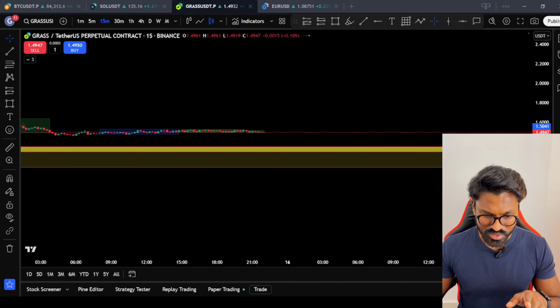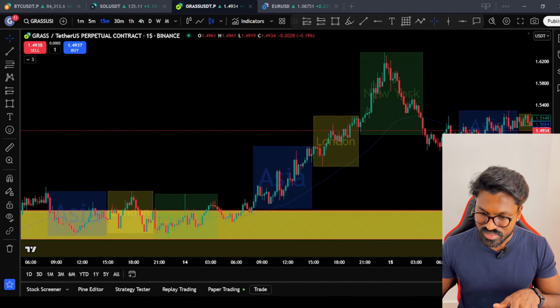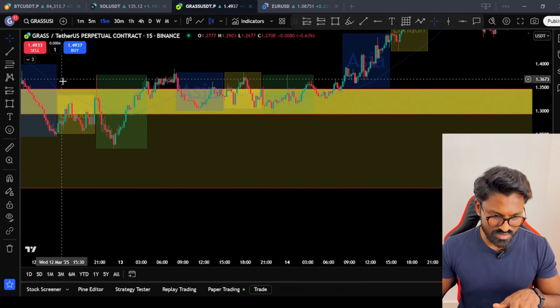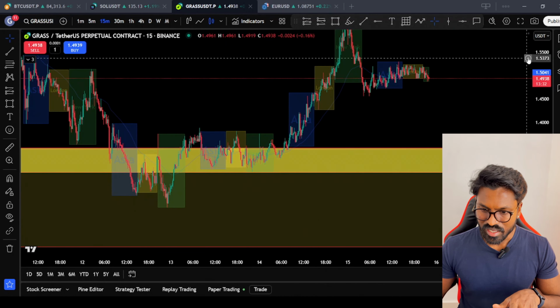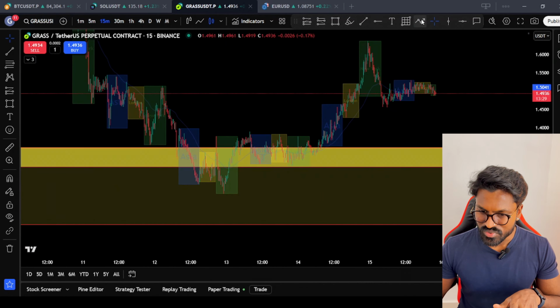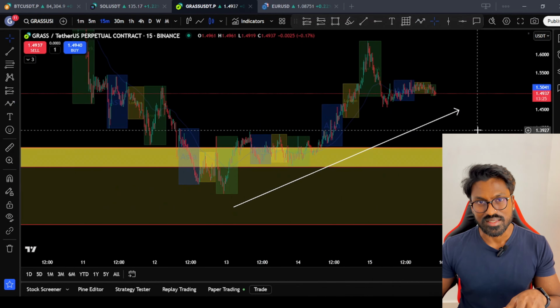So if we go into the smaller time frames, what are we expecting to see when price actually comes into this zone, guys? Whenever price comes into this zone, we start to see crazy, beautiful movements all the way towards the upside.